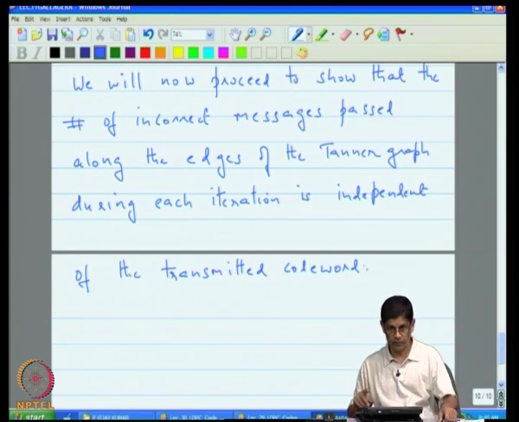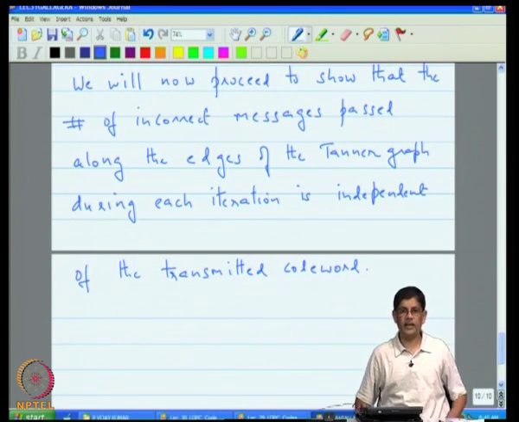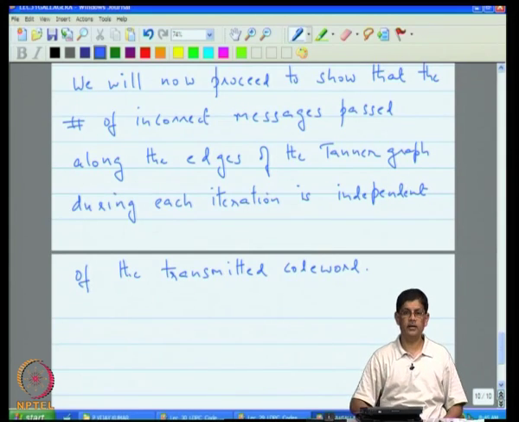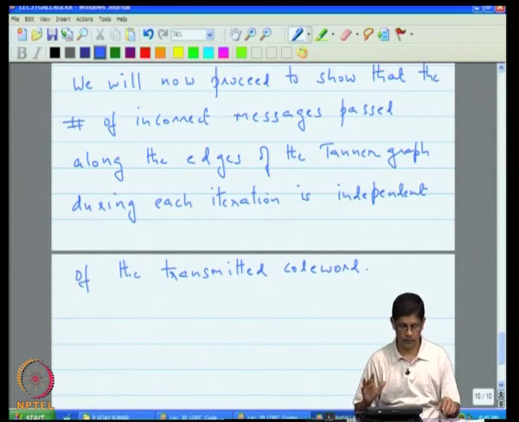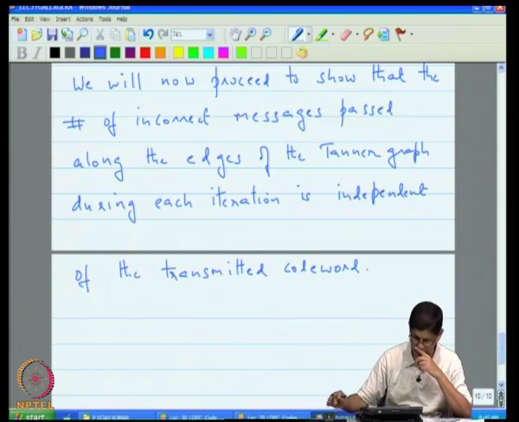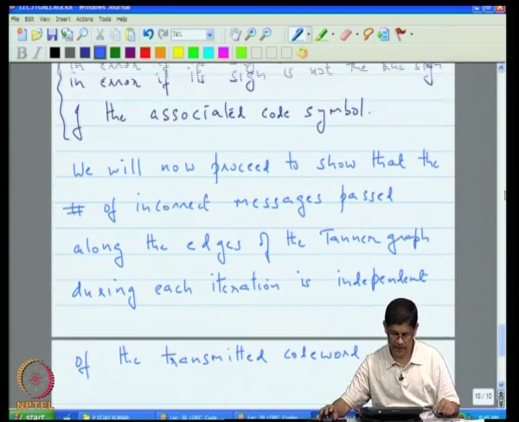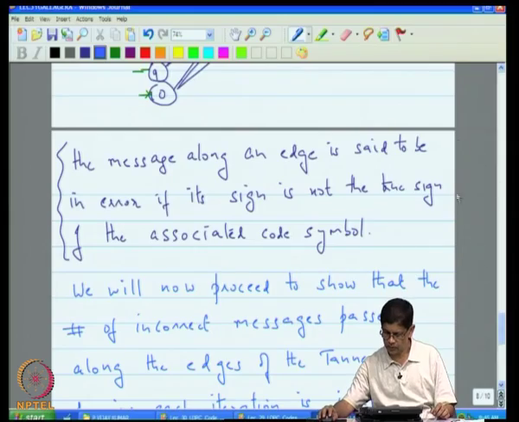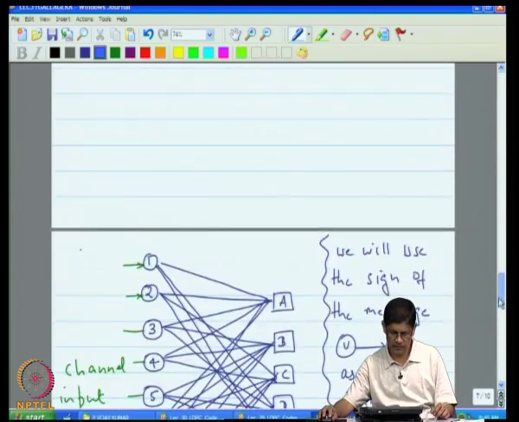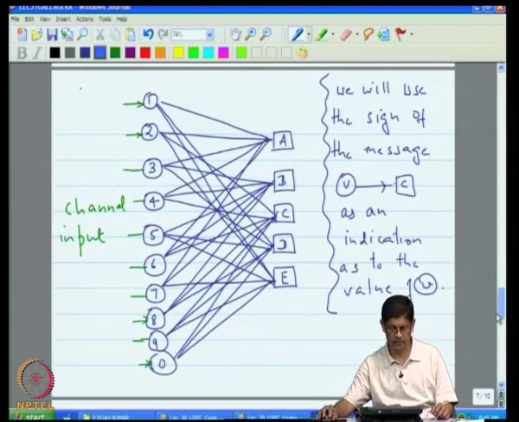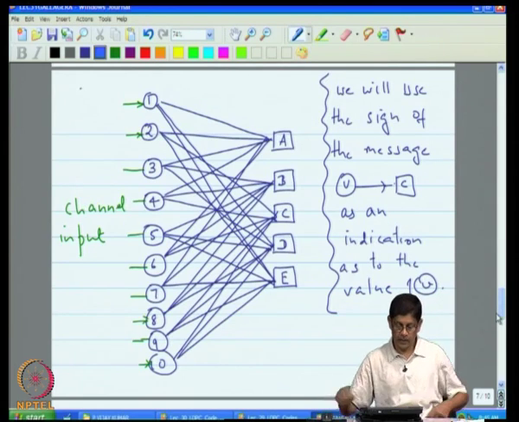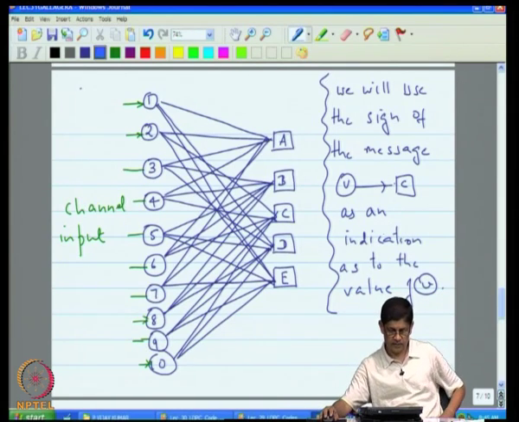So, once we have shown that, to simplify the analysis, we will just assume that the transmitted code word was the all one code word, because we will now show that the messages that are passed are independent of the actual code word. Let us go to this graph and I will try to explain the reasoning behind that.